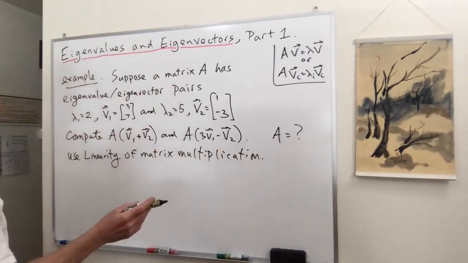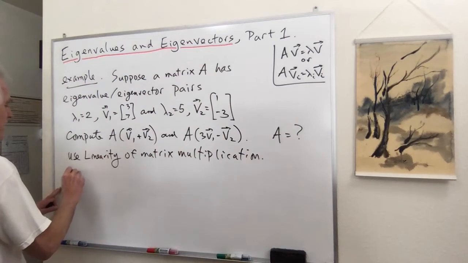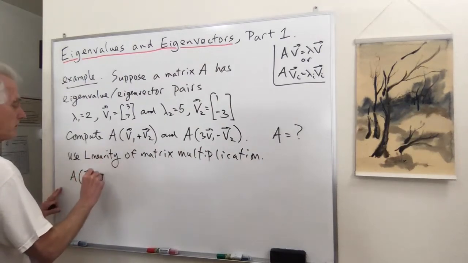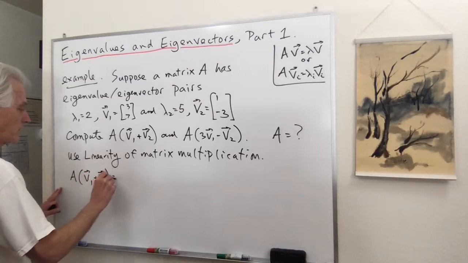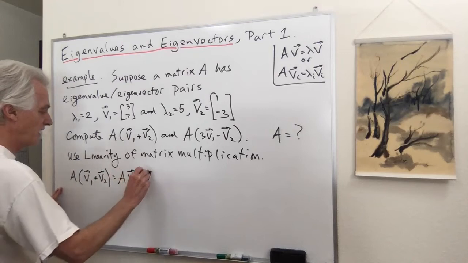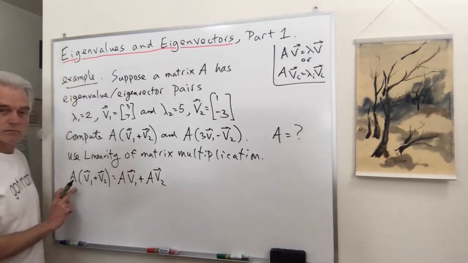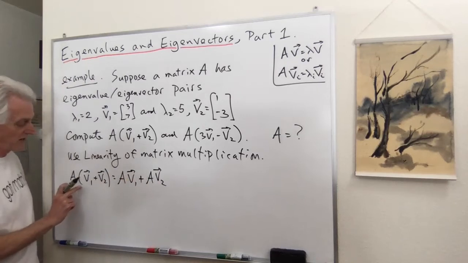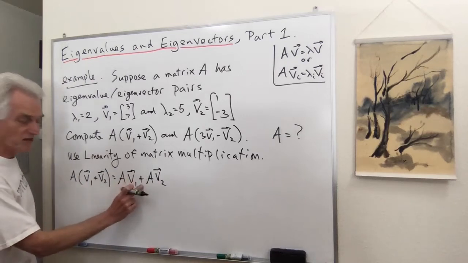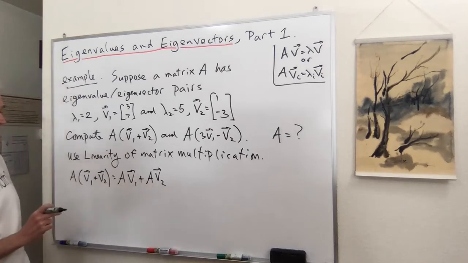And that is that if I take A times the sum of these vectors, that's A times V1 plus A times V2. Matrix multiplication of A times the sum of two vectors is the sum of A times the first vector plus A times the second vector.